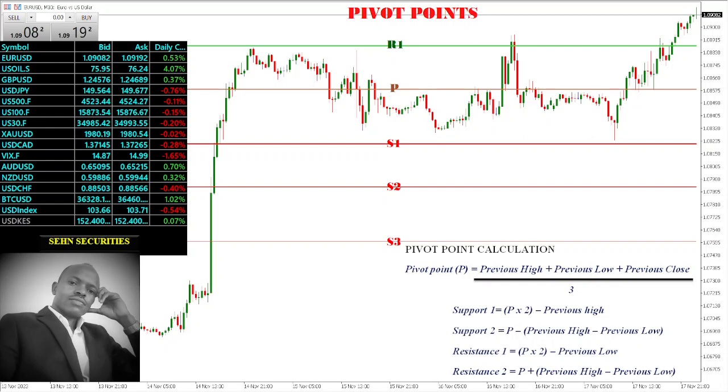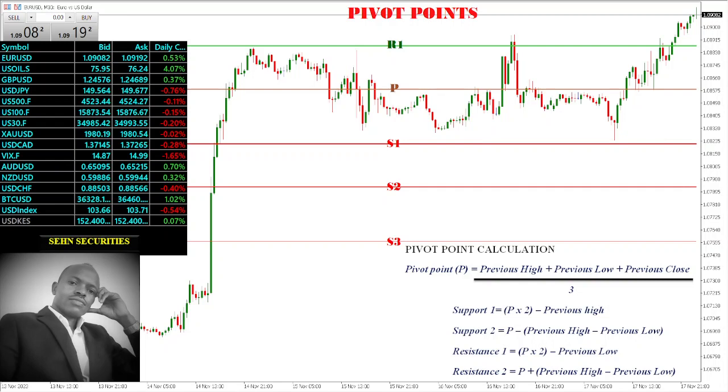Now, the other thing that we would like to mention is that there are a number of reasons why traders like analyzing the market using the pivot points, or even trading using the pivot point. Some of the reasons are that it is an easier to use analysis.